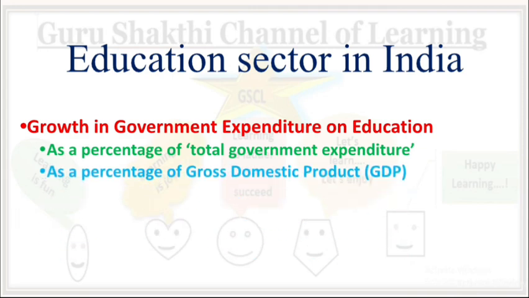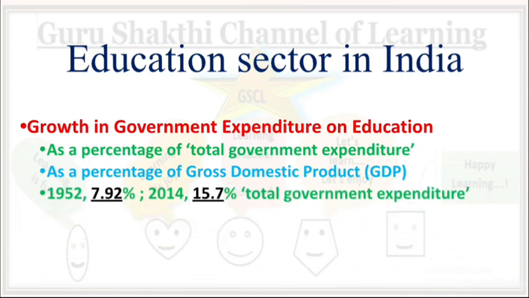Or it is expressed in terms of percentage of GDP. It considers the value of gross domestic product. It expresses, out of the total value of gross domestic product, how much is spent on education.